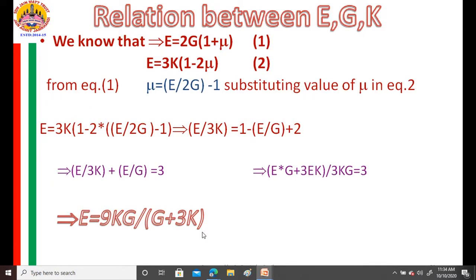You can ask the doubt from AGMIT, AGMCR, AGMRCET, my mother college, and JAGMIT. Yes, any doubt, friends?